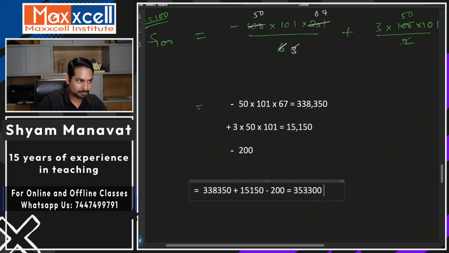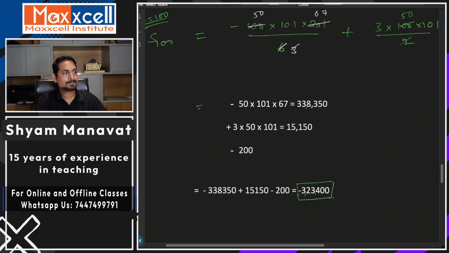Okay, what will you get here? This was minus of this, my bad. You should get some negative number here: minus of 3,23,040. This is the answer.